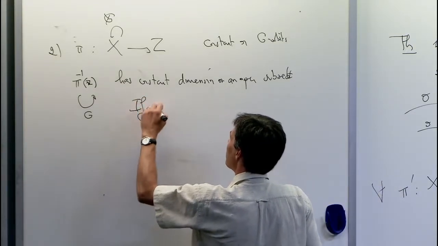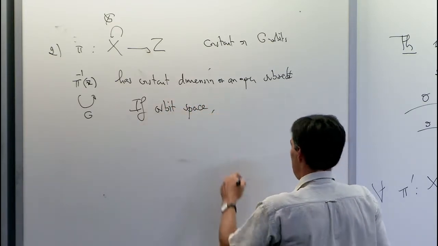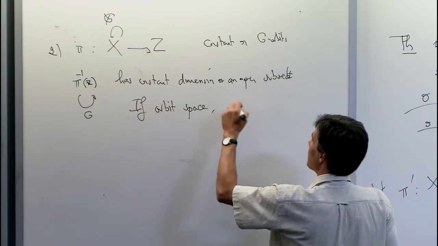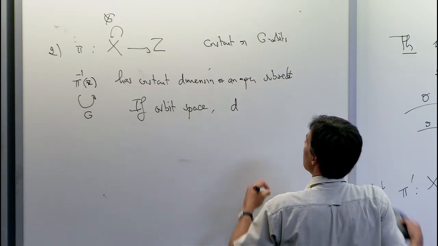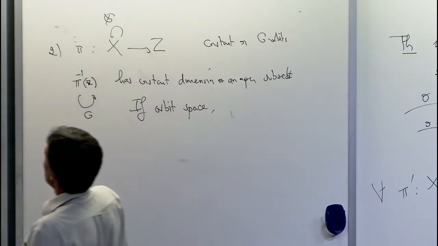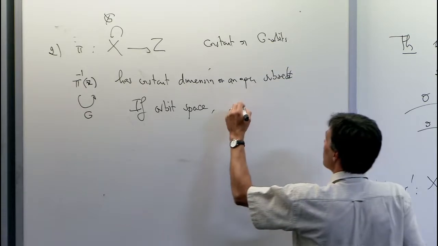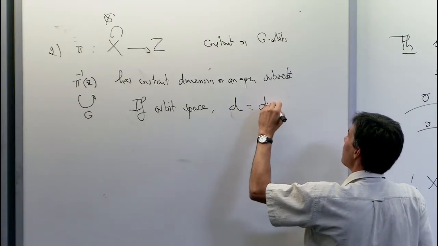Orbit space. And dimension. So dimension is V. This is the dimension of the generic fiber.